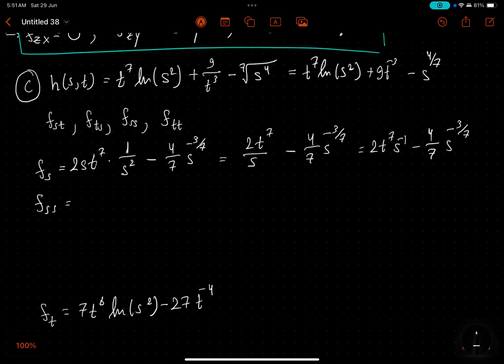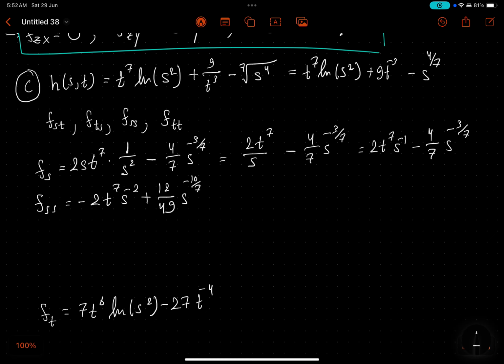So now we have minus 2 t to the 7 s to the negative 2, and then we multiply minus 4 over 7 by minus 3 over 7. This will give us plus 12 over 49, and then minus 3 over 7 minus 1, which is s to the power of negative 10 over 7.